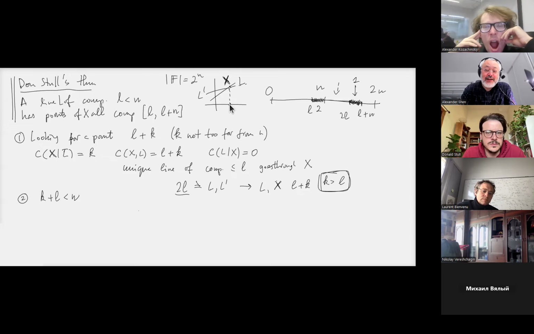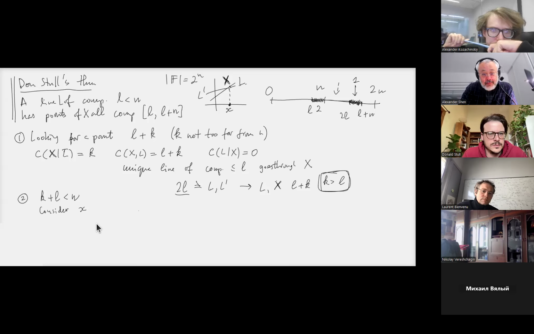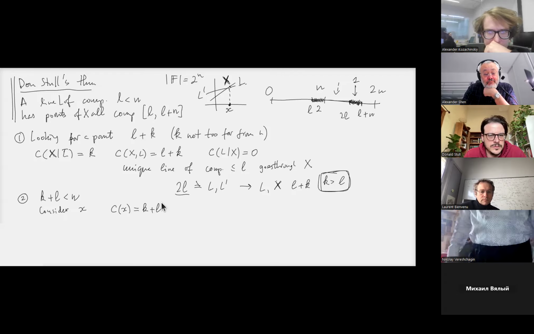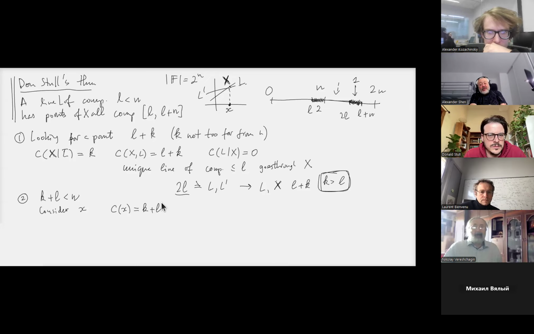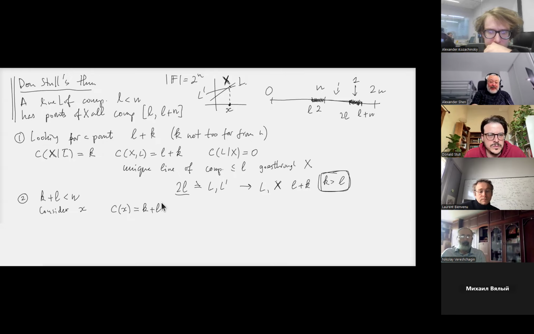Here we need to recall what Vereshchagin told us, that we need to consider the first coordinate. So consider x, the first coordinate, that is random, not random, its complexity of x is just k plus L. Since k plus L is smaller than N, we can just find a string of this complexity.